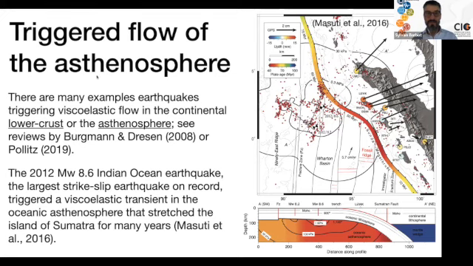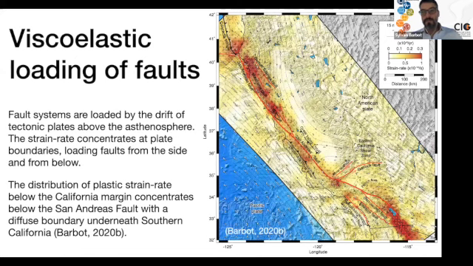But the opposite is also true, in the sense that the viscoelastic flow of the asthenosphere participates in the loading of faults. And in fact, that's completely embedded in this concept of plate tectonics, where we have semi-rigid plates that float above a viscous, viscoelastic asthenosphere that allows continental drift, seafloor spreading, and the relative motion between tectonic plates.